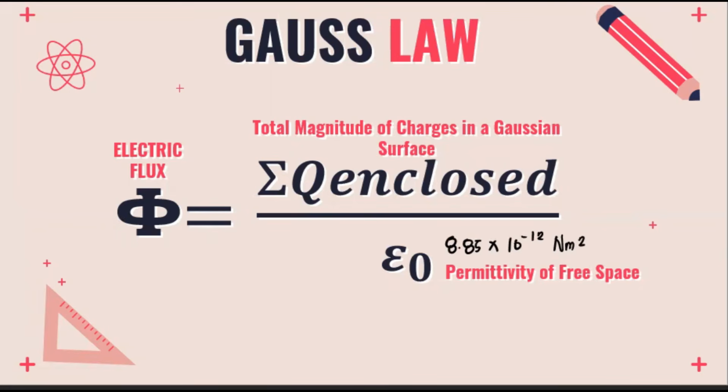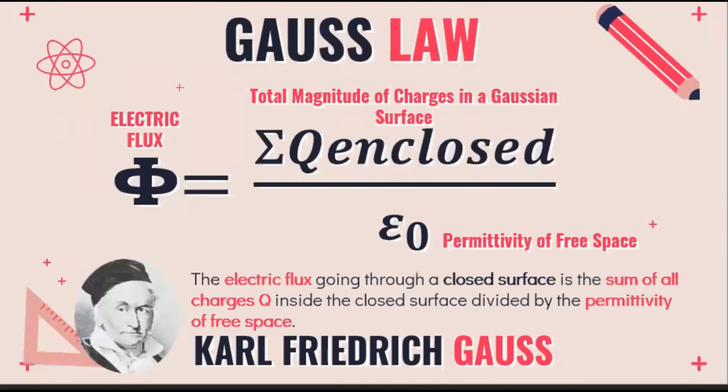So, as we define Gauss law, this law, according to Friedrich Gauss, states that the electric flux going through a closed surface is the sum of all charges inside the closed surface divided by the permittivity of free space. Okay?